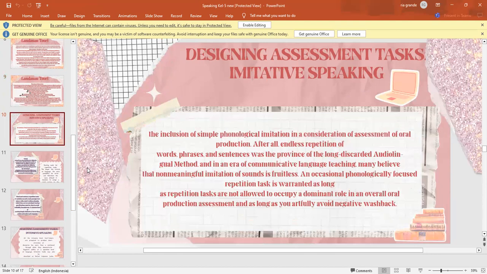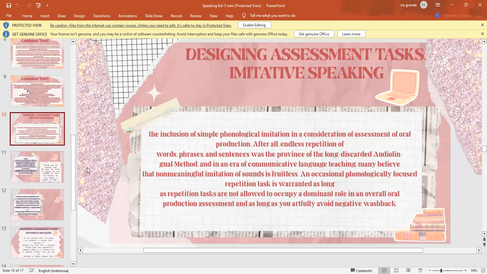The next one is designing assessment tasks for imitative speaking. The inclusion of simple phonological imitation in a consideration of assessment of oral production. After all, the repetition of words, phrases, and sentences was the province of the long-discarded audiolingual method.